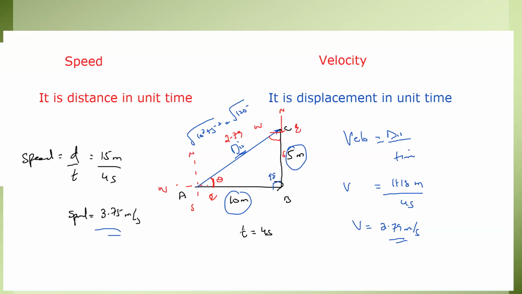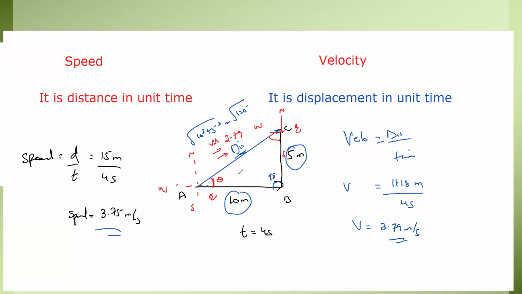Working out the direction of the velocity: look, the direction of the velocity and the displacement are always the same, okay? So if I work out the direction of the displacement in this example, the direction of the velocity will also be the same.